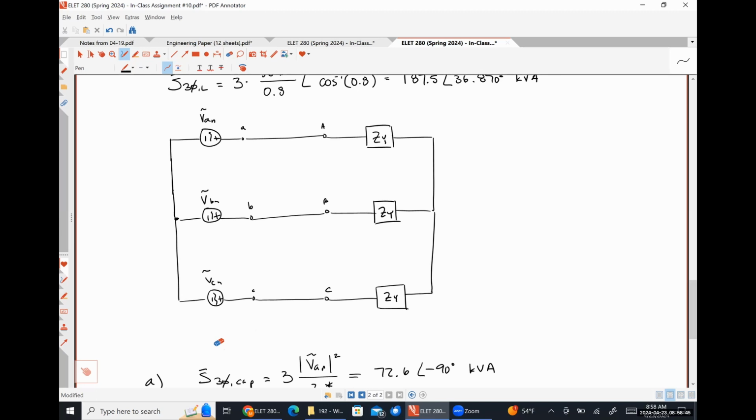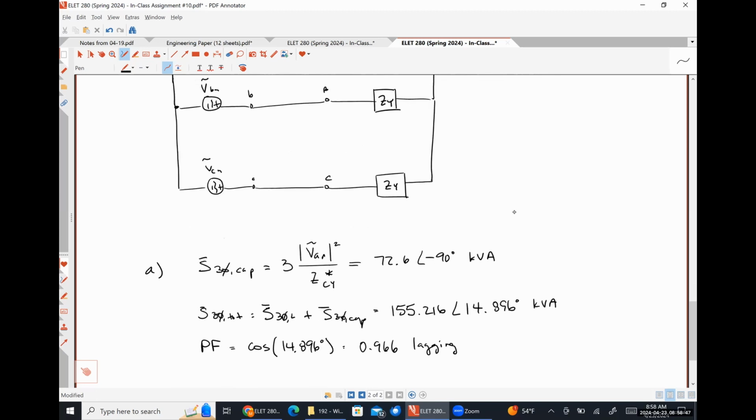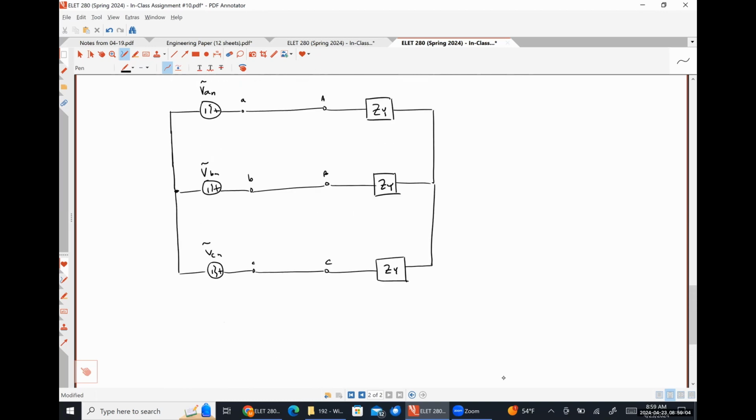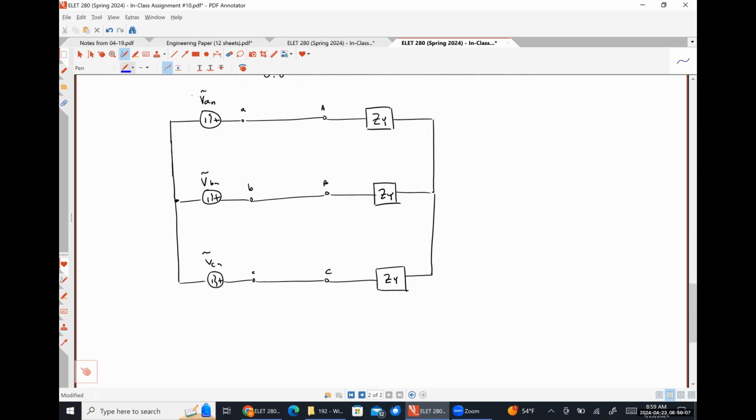So if I were to connect my capacitor bank in delta, I'd be placing it between my transmission line terminals like so, right?